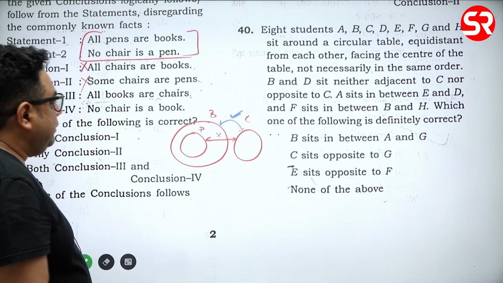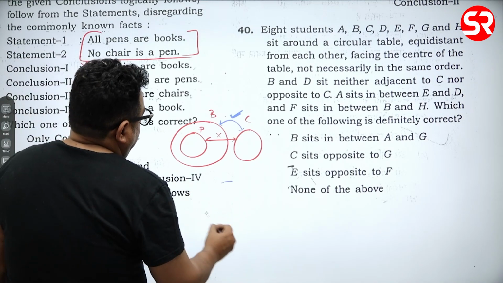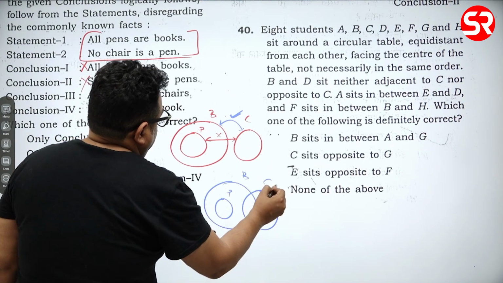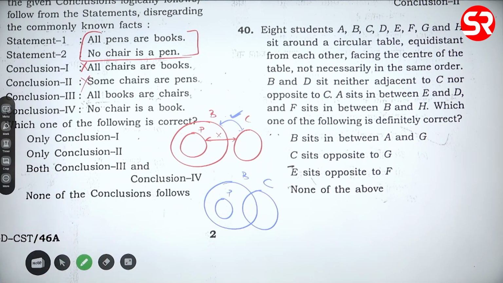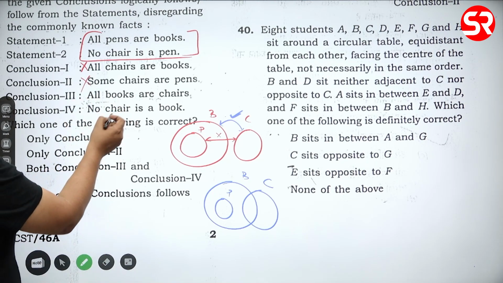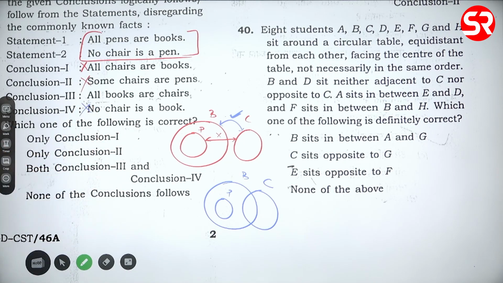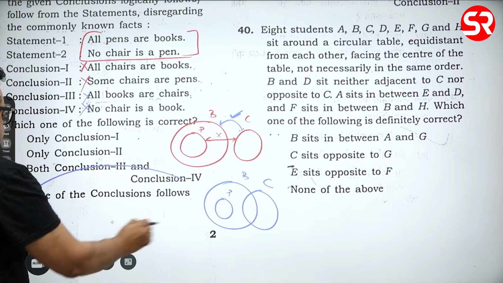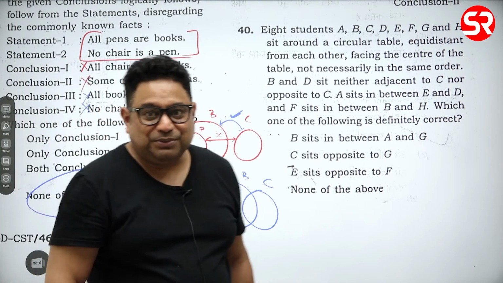So there may be one diagram which would depict this. Yes, why not? So in this case, you cannot say that no chair is a book, right? So this is also not true. And then there is one more, all books are chairs, not at all possible. So none of the conclusions follow, right?